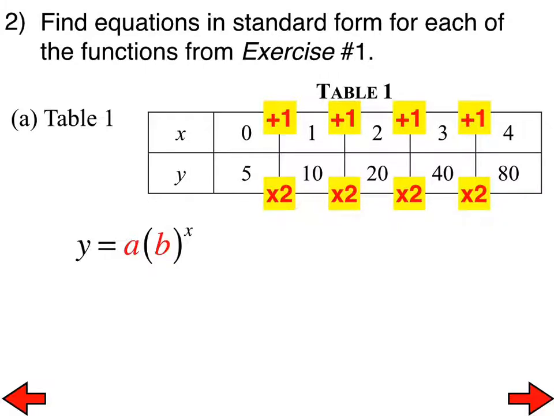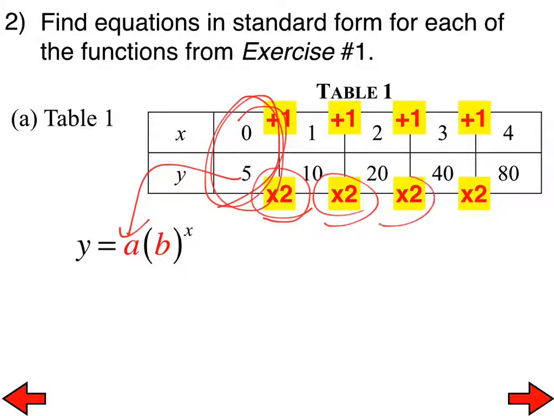Well, the initial value, y-intercept, comes from right there. So that means the initial value is 5. The b value is the multiplying factor. Well, we can see right here that our multiplying factor is 2. Therefore, b is 2.